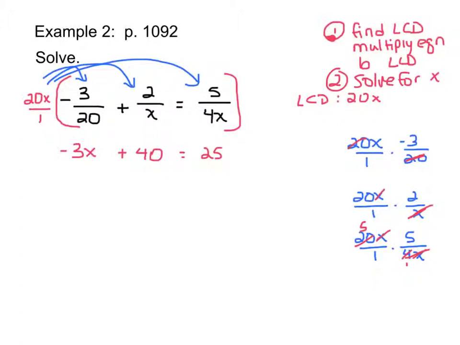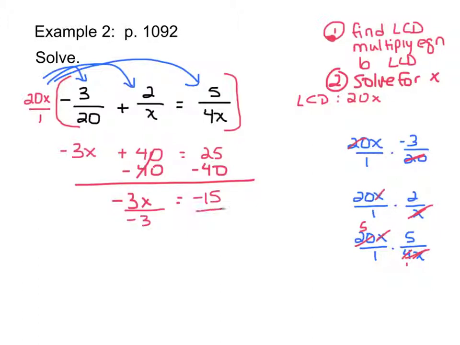So I can subtract 40 from both sides, and I have negative 3x equals negative 15. Divide by negative 3. So x equals a positive 5 because negative divided by negative is positive. Now, you're going to want to go back and plug in your 5 and make sure that it doesn't make anything undefined. In this case, 2 over 5 is okay, 5 over 20 is okay. So my solution is going to be x equals 5.